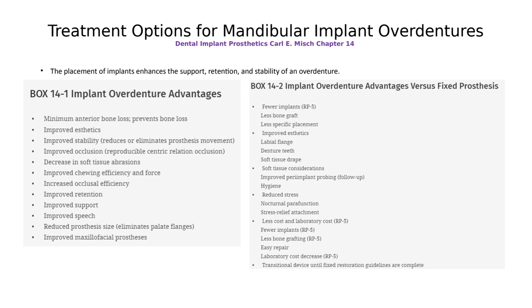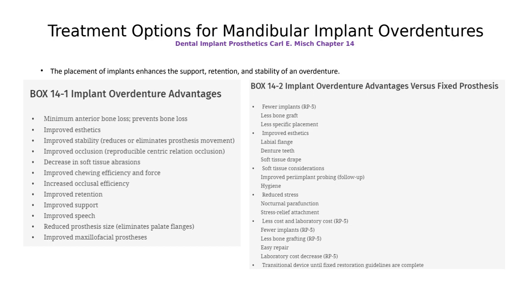It improves aesthetics and improves stability because it reduces or eliminates the prosthesis movement, especially for patients wearing complete dentures or partial dentures, because the bone constantly shrinks, right? The dentures always have a movement. So by adding those retentive elements like the bar, the denture is more stable, and there is no movement of the denture, or it's very minimal.